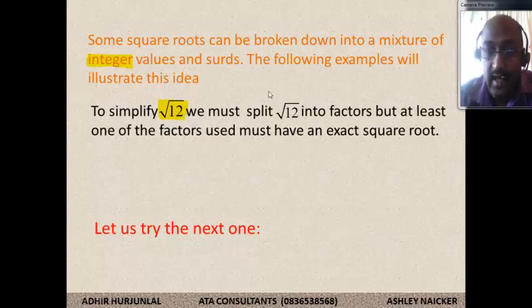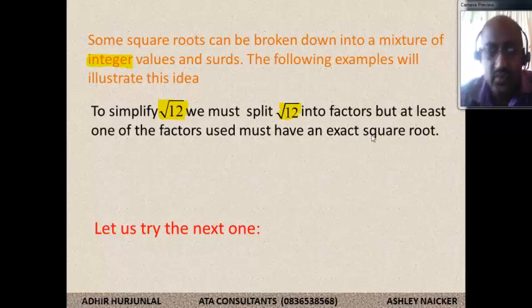I go back. I have to have a mixture of integer values and surds. If I deal with the square root of 12, the square root of 12 can be broken up into factors, but at least one of the factors that I use must have an exact square root.